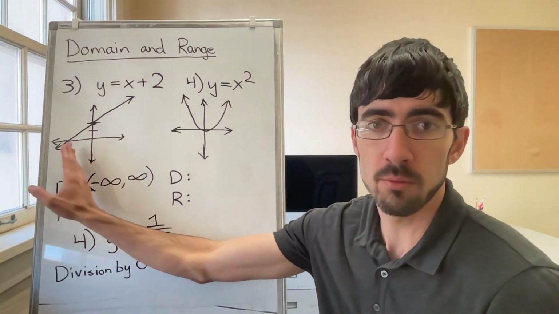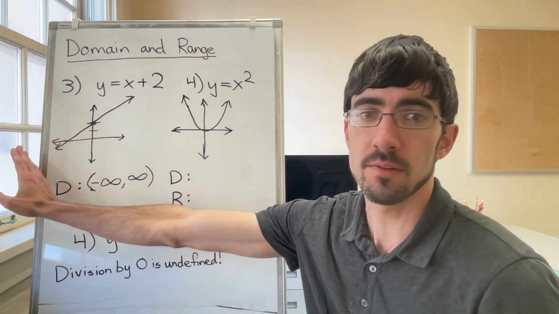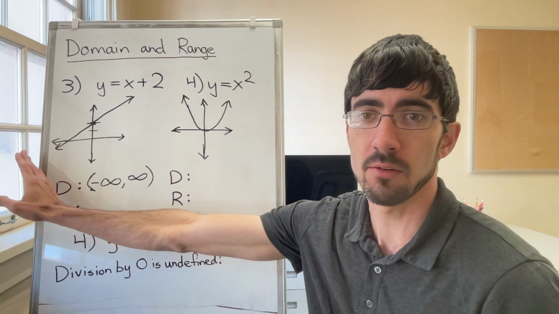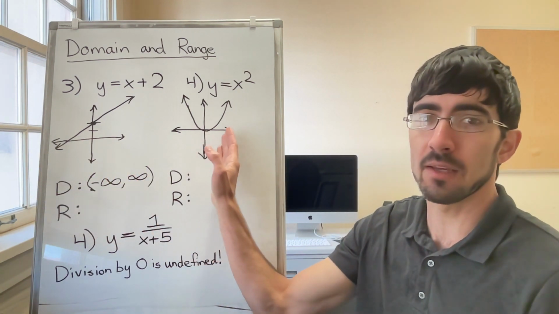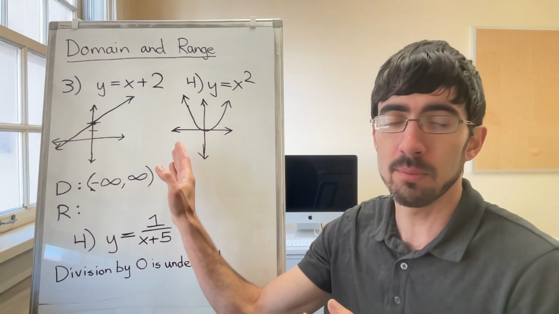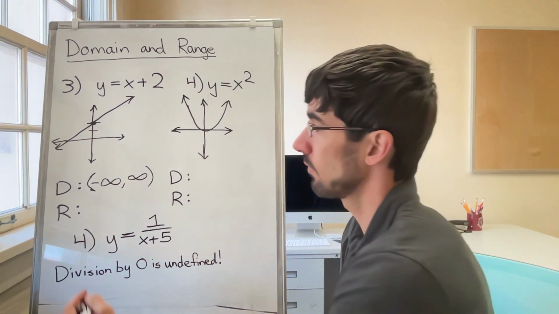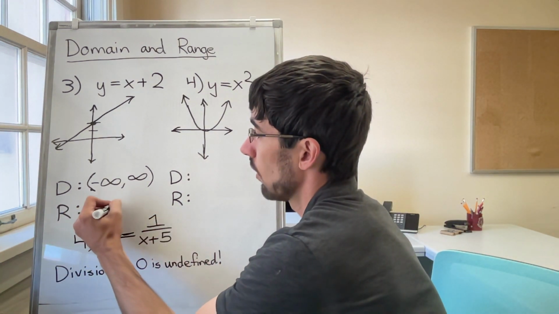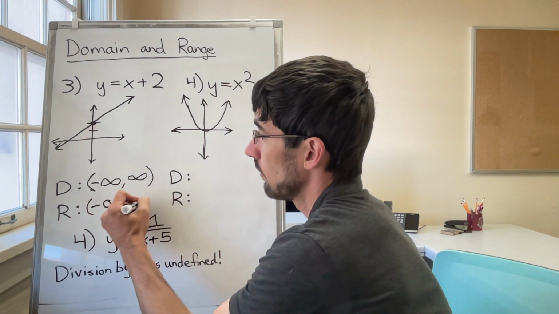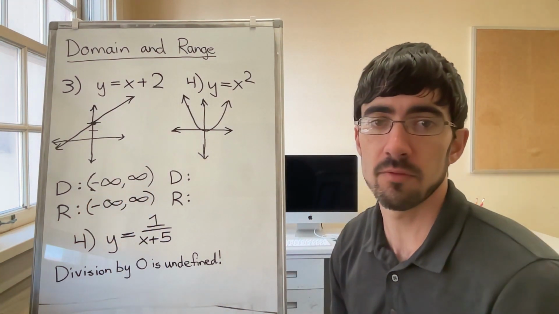If you go all the way to the left on this graph, there will be an x value on the line. If you go all the way to the right, no matter how far you go, there will be an x value on the line. So the domain is from -infinity to +infinity. The range is also from -infinity to +infinity.